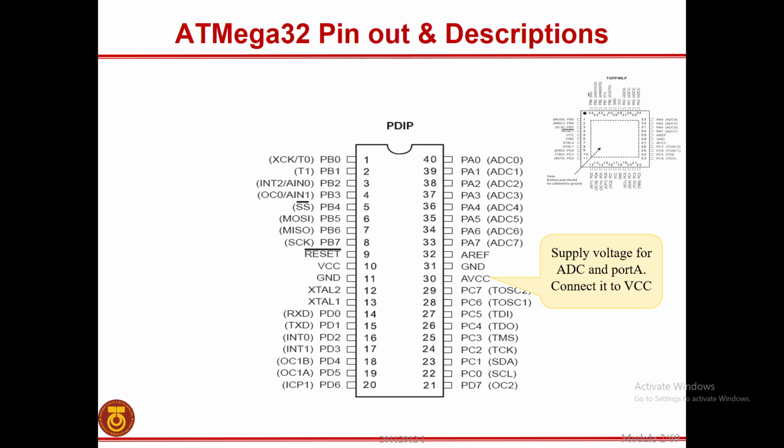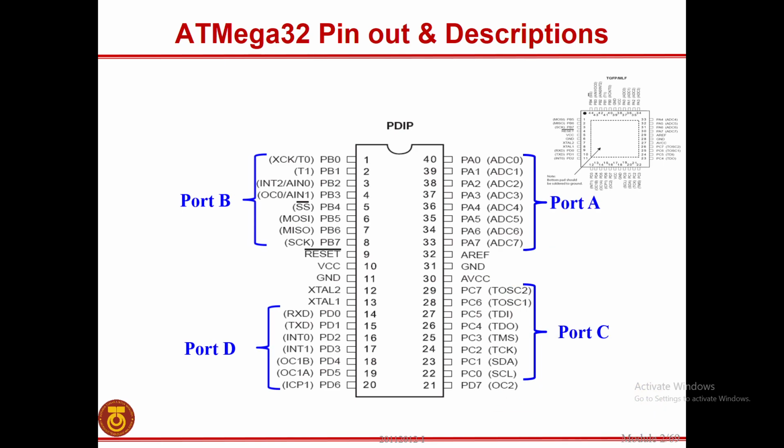And AVCC is the supply voltage for the analog to digital converter and port A. They have their own power sources, so we can connect it to the VCC to power those analog to digital converter ports.